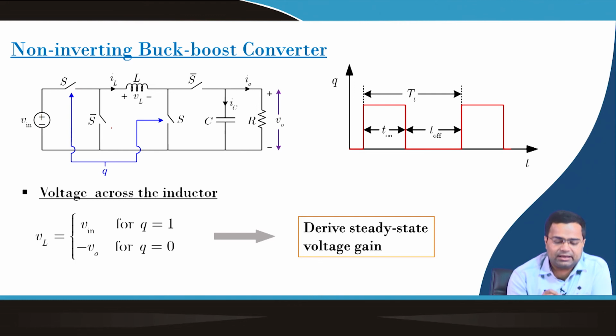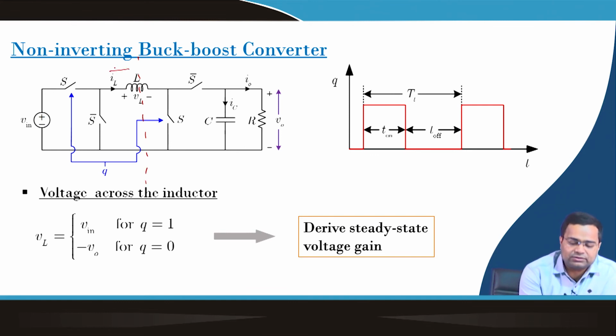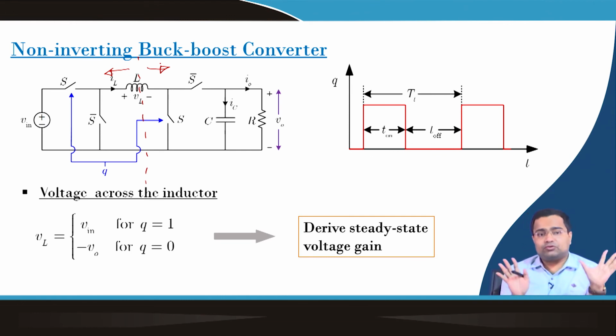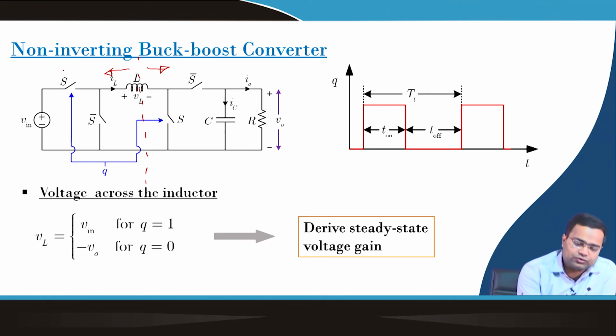If you break this converter into 2 parts, this side looks similar to the buck converter and this side looks similar to the boost converter. It is as if we are merging a buck and a boost converter together, and there are 4 switches: the control switch S, and S, S bar and S bar.